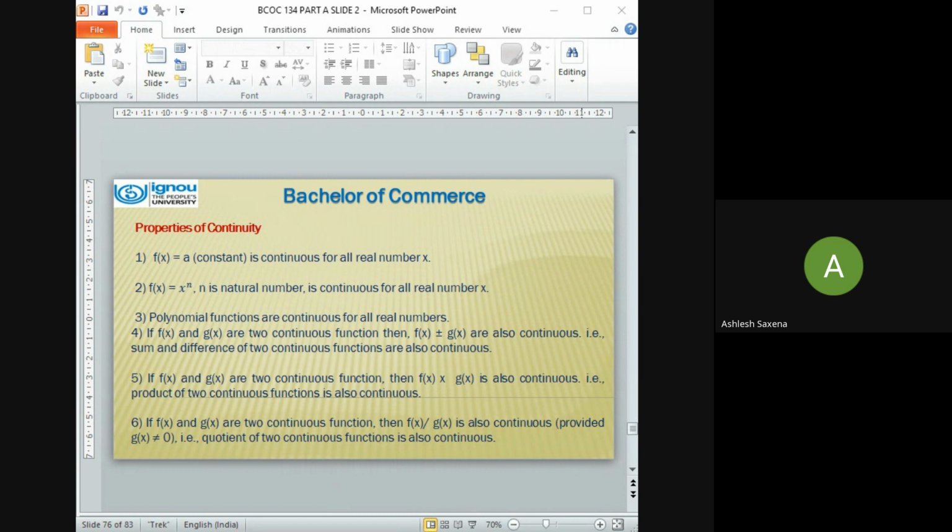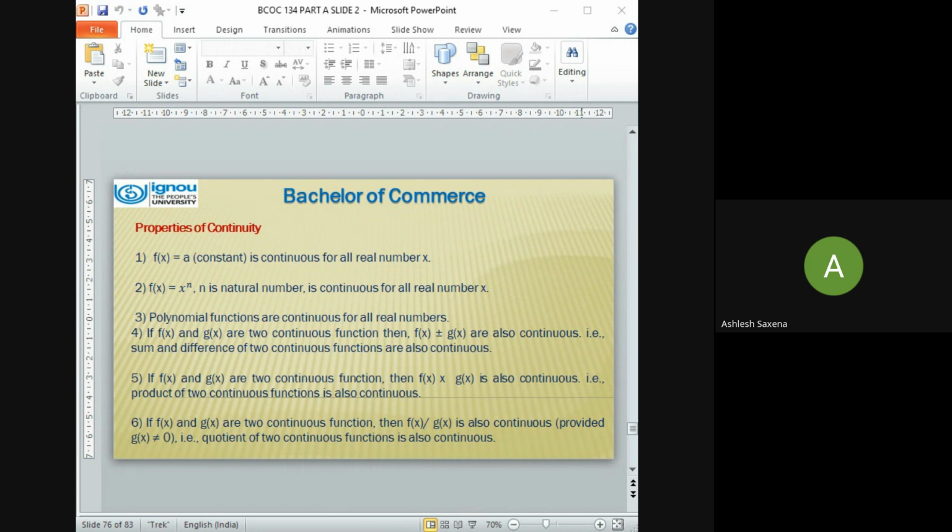Polynomial functions are continuous for all real numbers. And if two functions are in plus minus form, that means either in addition or subtraction, then the sum and difference of two continuous functions are also continuous.